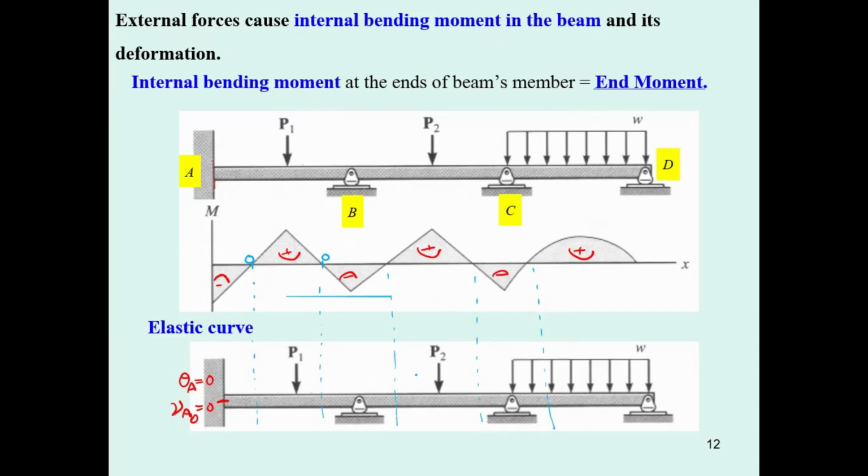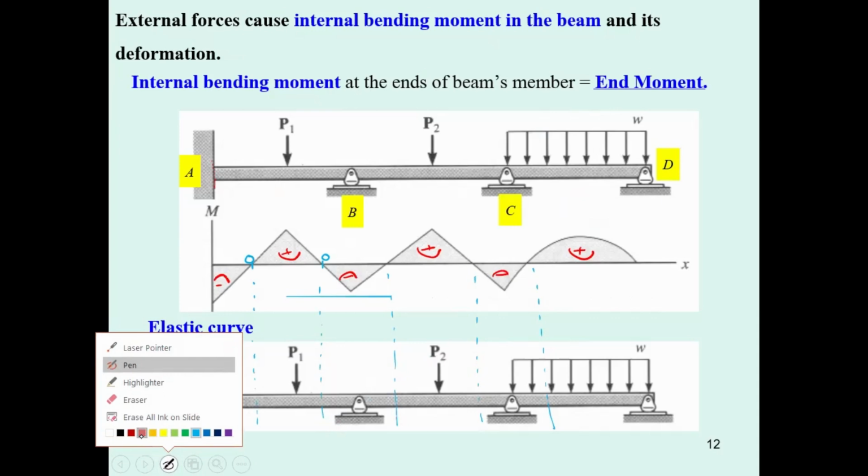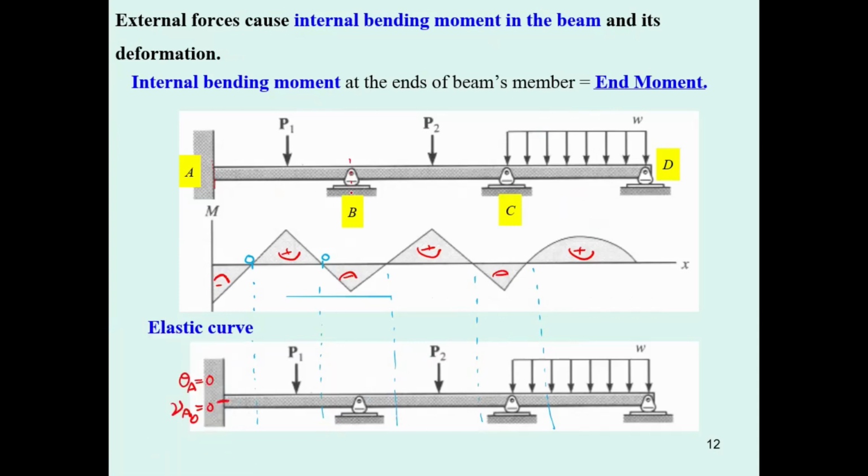Then, following what we have here, this is going to be the pin support, so theta sub B won't be zero. This is going to be the pin support, theta sub C won't be zero, and also over here theta sub D won't be zero.